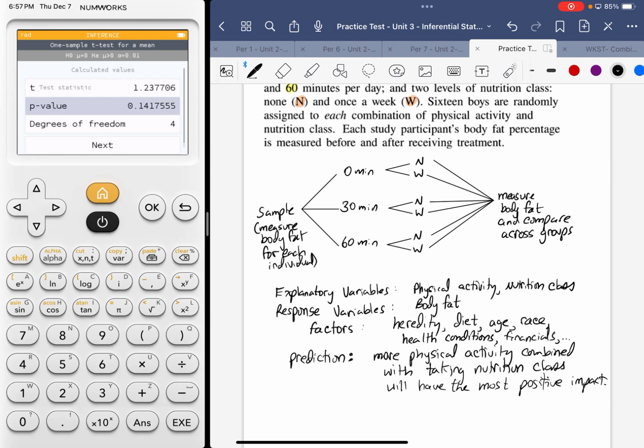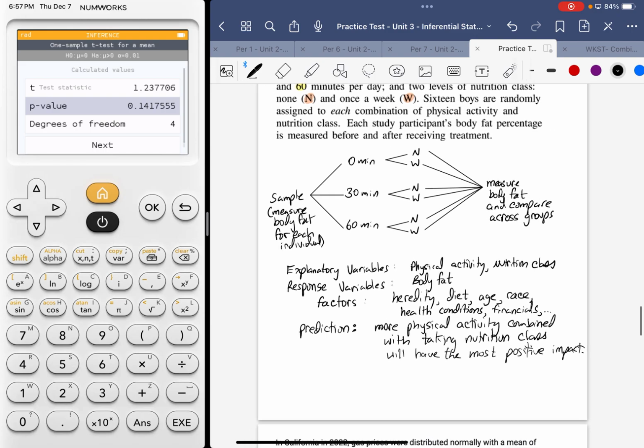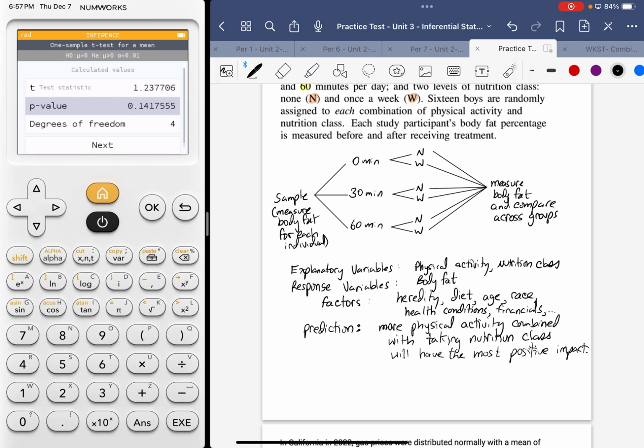Nobody's asking you to actually definitively say what will happen because you didn't conduct the study, but you could at least make a prediction. All right, so that's what I'm looking for when we talk about the design of the study. The diagram, marked up, labeled, as if I used a highlighter there to indicate what I was labeling. If it's not obvious what your abbreviation is, then make a little key. Right?